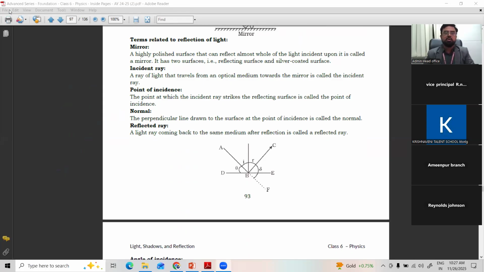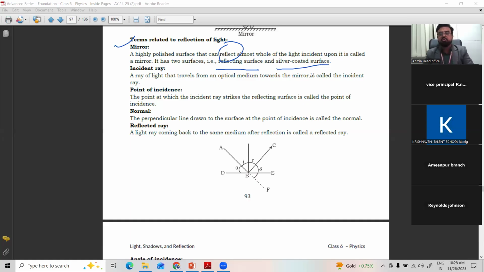Okay. So when you are studying about the reflection, we'll come across some more terminology. First, mirror. So what is mirror? A highly polished surface that can reflect almost the whole light incident upon it is called a mirror. It has two surfaces. One is the reflecting surface, the other is the silver coated surface.